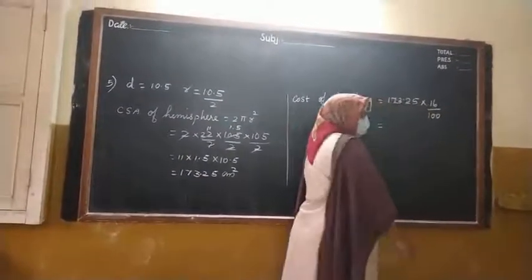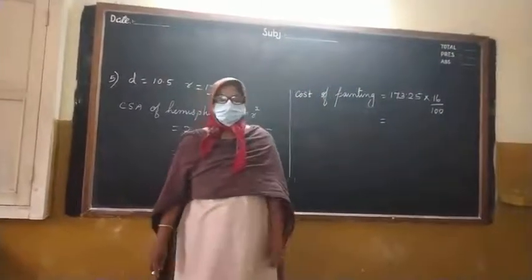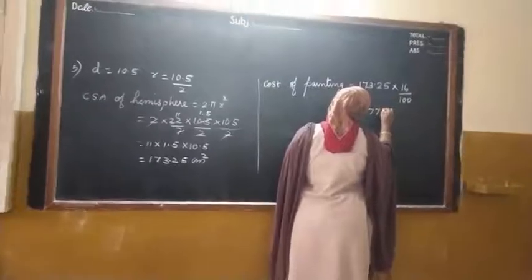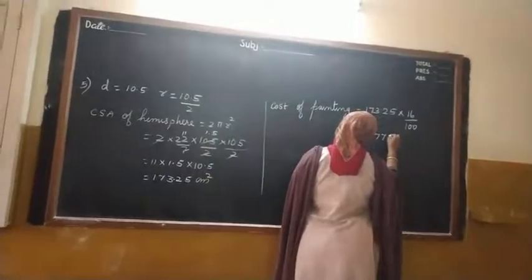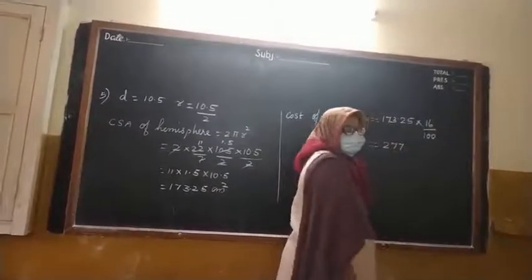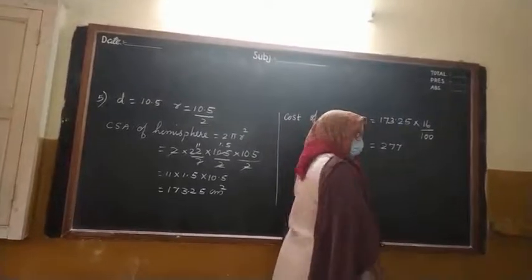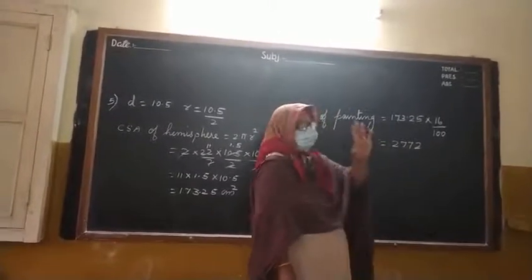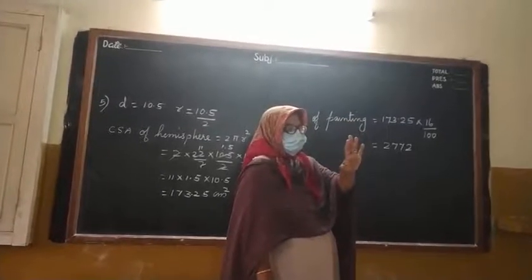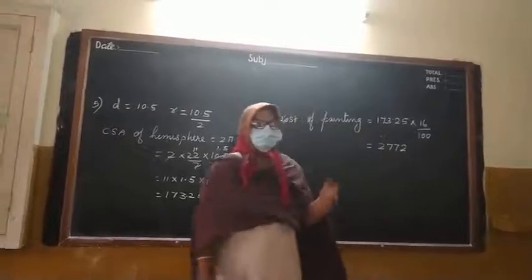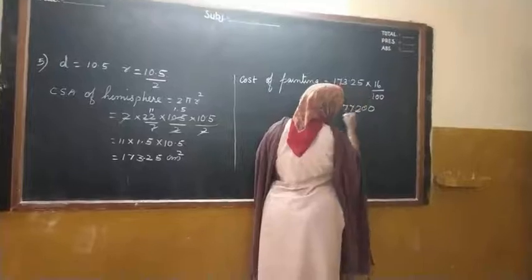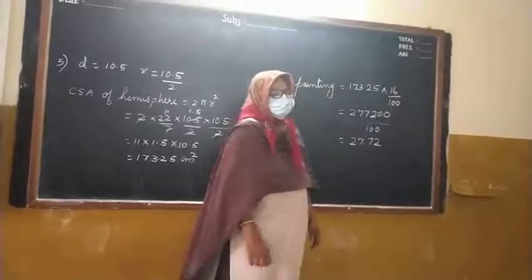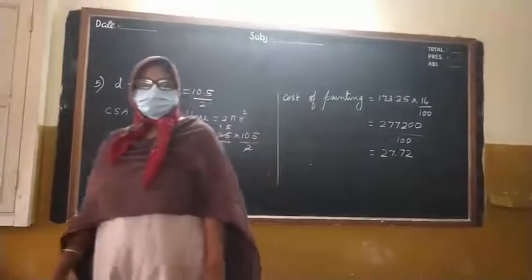If it is multiplication, then only the point will come. The answer is 2772. Two points are there, then divided by 100, so it will be 27.72. That much rupees.